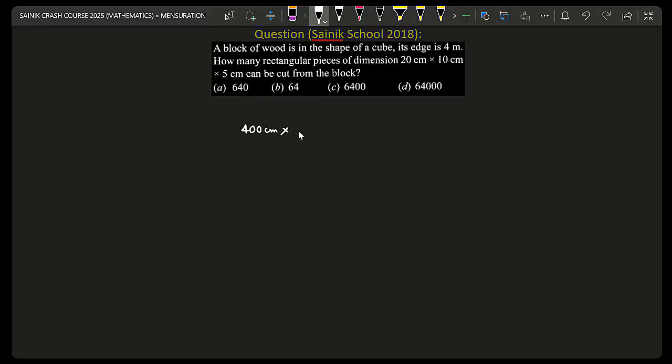Okay, can I write 3 times side into side into side like this? Now you said you have to divide this by the volume of each small cuboid. What is the volume of the small cuboid? Sir, 20 centimeters multiplied by 10 centimeters multiplied by 5 centimeters. Yes, next what are we going to do?